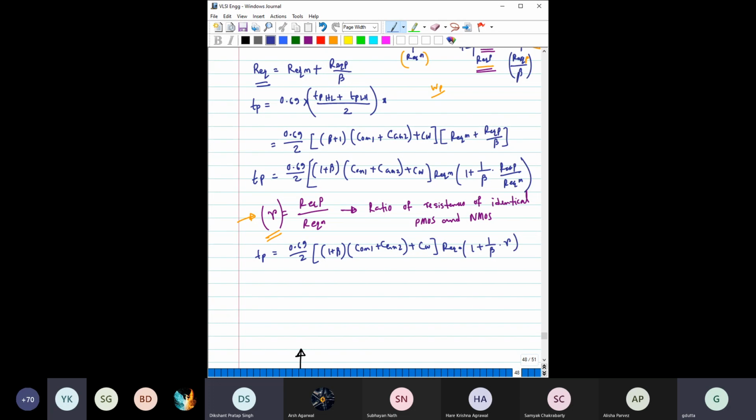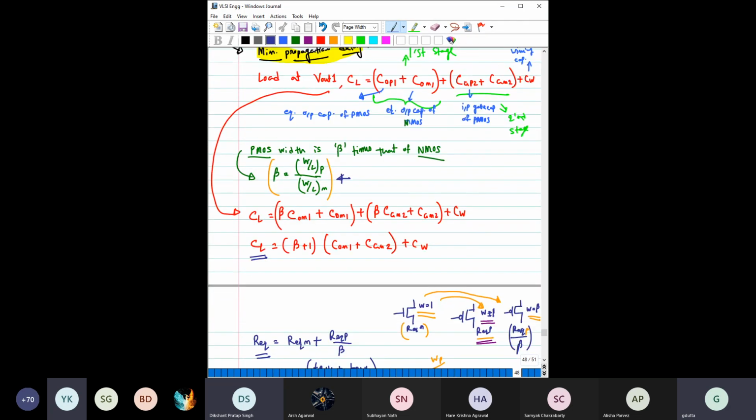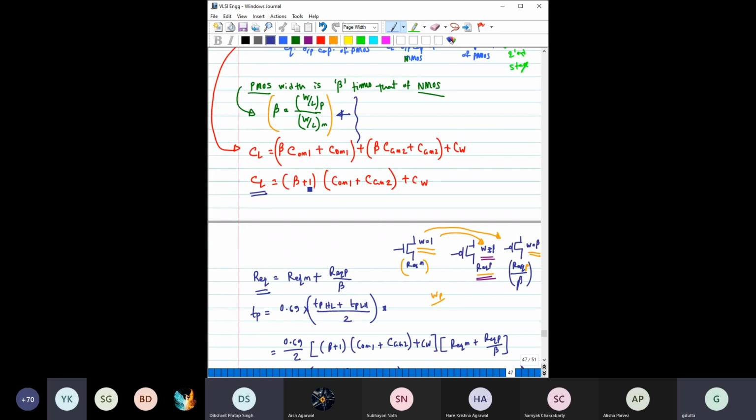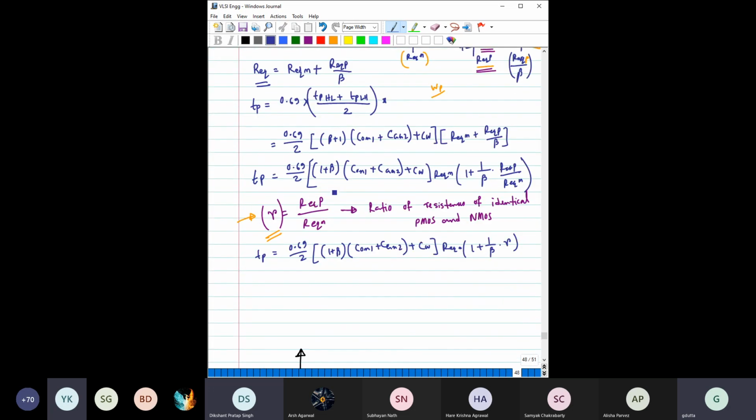Okay, now we should know for what value of beta, because beta is the actual width that we have considered for this design.